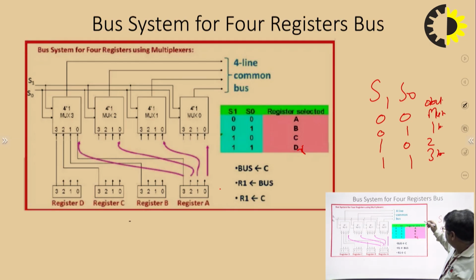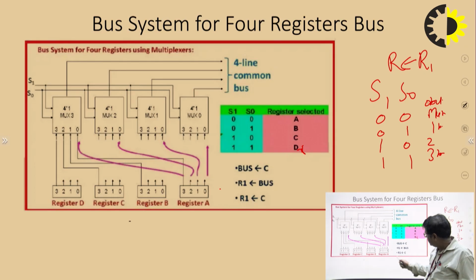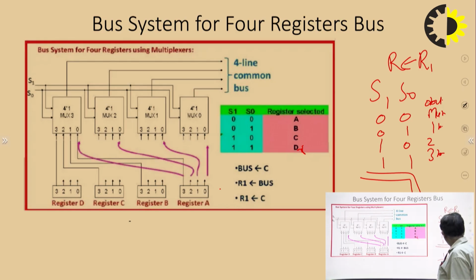From there, if we are transferring R1 to R2, then these 4 lines are connected to all these 4 lines. I am starting from here.